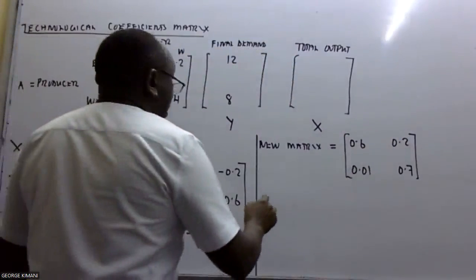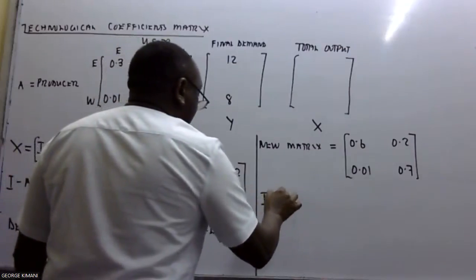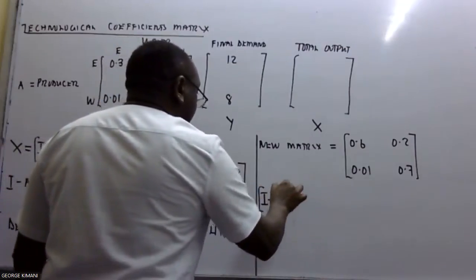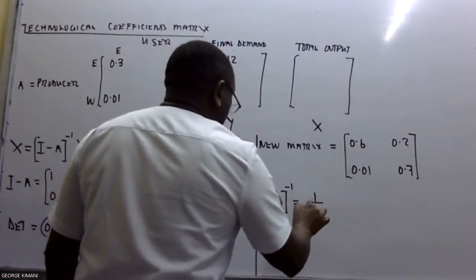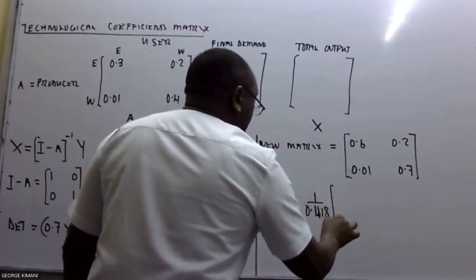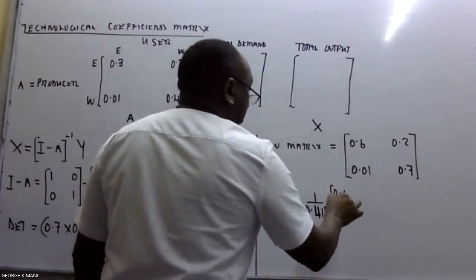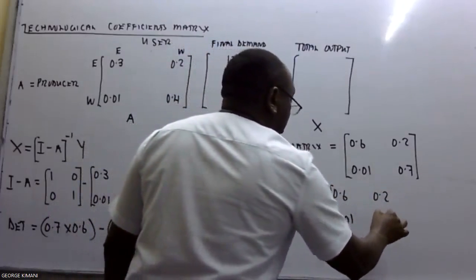Now we can say that I minus A inverse is 1 over the determinant, 1 over 0.418, multiplied by the new matrix 0.6, 0.01, 0.2, 0.7.